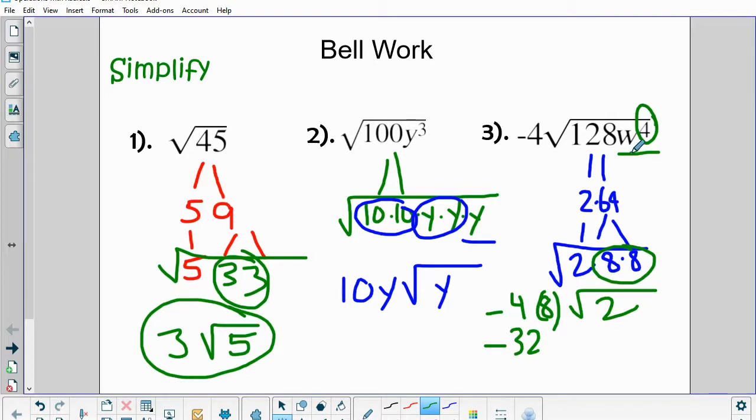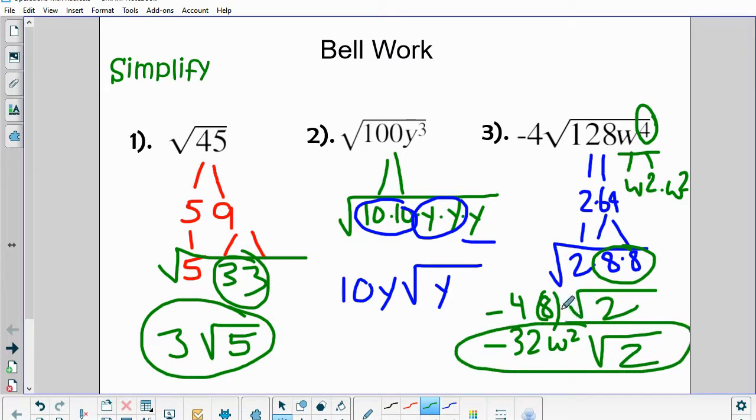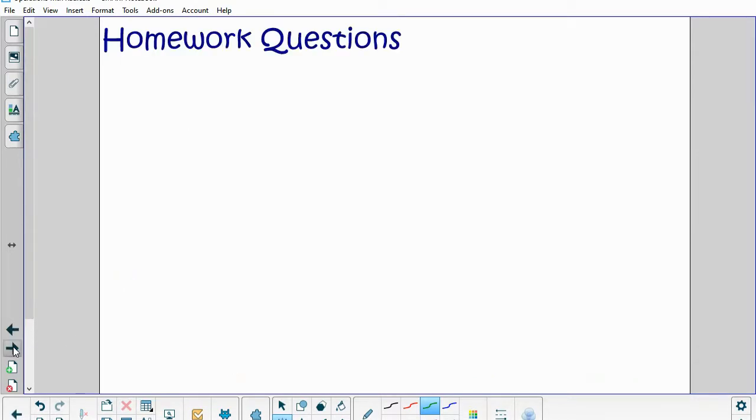And then this will break down into, like I said, w to the second times w to the second. You take out one of those w to the seconds out front, and you are left with just another square root of 2 inside the radical sign. So that's what we were doing on our last assignment.